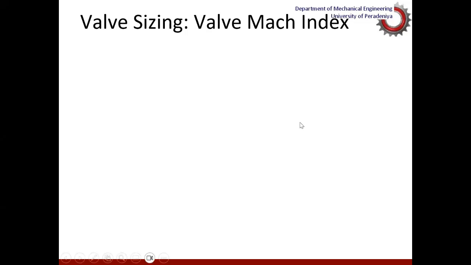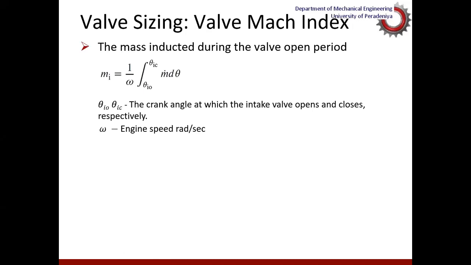So to understand the amount of mass induced per cycle in the induction process, we could mathematically represent it like this: m dot, that is mass flow rate, into d theta, integrated over the intake valve opening angle and intake valve closing angle, divided by 1 upon omega.